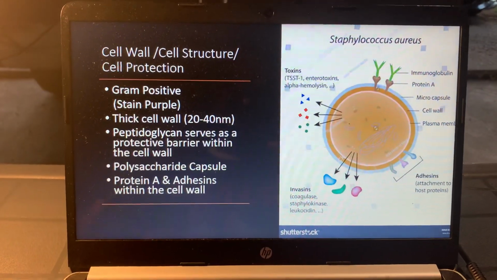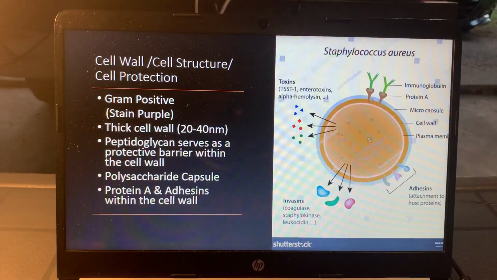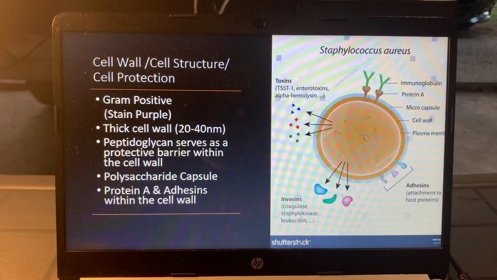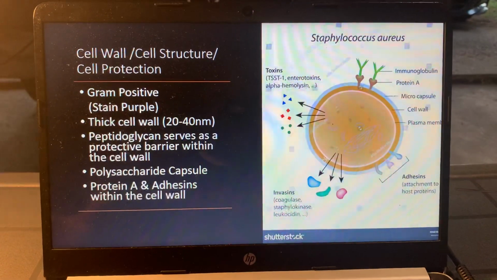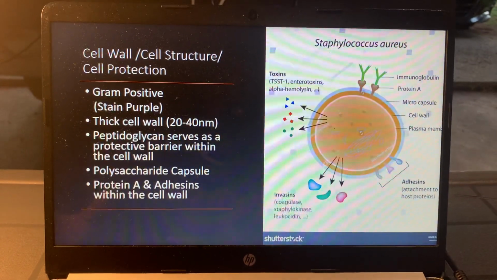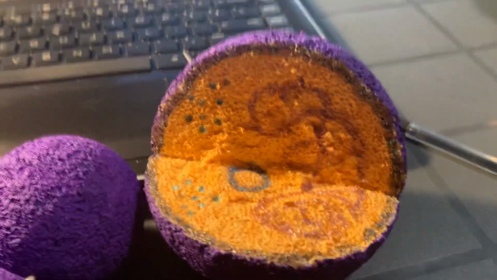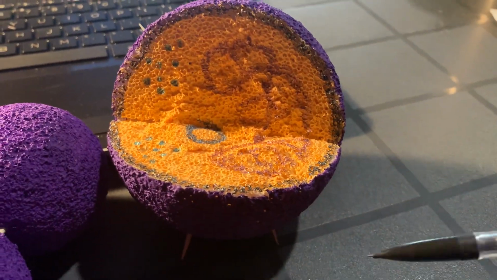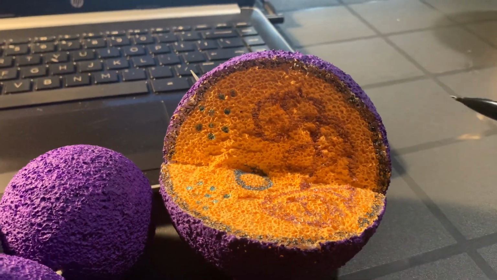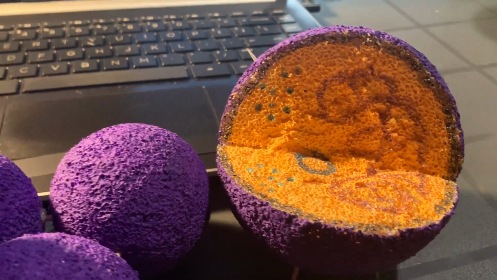It has peptidoglycan that serves as a protective barrier within the cell wall, and it also has a polysaccharide capsule that surrounds the cell membrane and cell wall. Within the cell wall, there are protein A and adhesins. Let's look at my model here. As we can see, the outer portion is the polysaccharide capsule. On the inside, we have the cell wall.